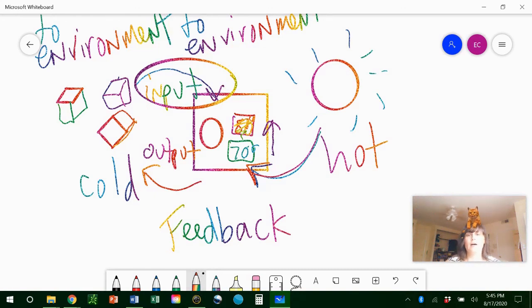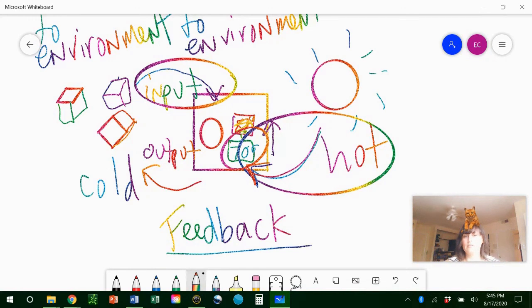This is still considered feedback because it's the hot air coming back into the thermostat and telling it to make a change because it's hot. We need it to be 70. So that feedback is basically going to make this output happen.